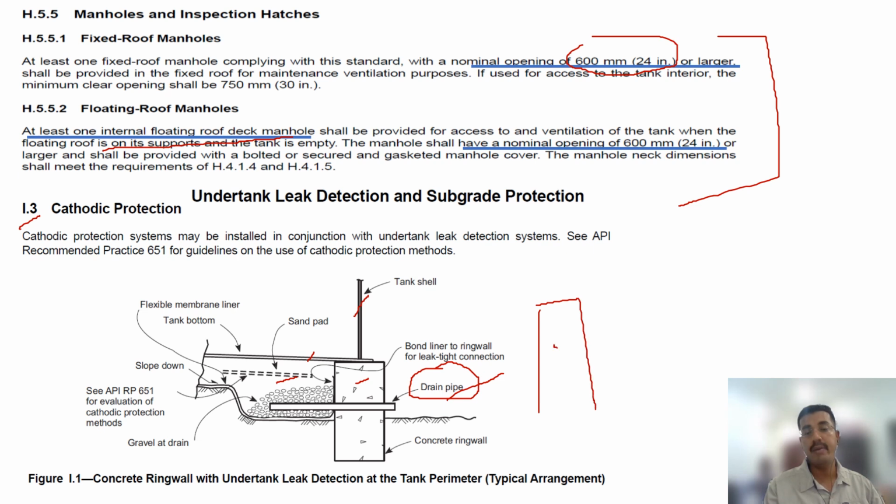The reason is, if there is any leak in the bottom plate joint, the leak will come downside and come out through this pipe. When the water drips outside, the operator will find out there is a leak in the bottom plate and can investigate. So this is the reason the drain pipe is provided.